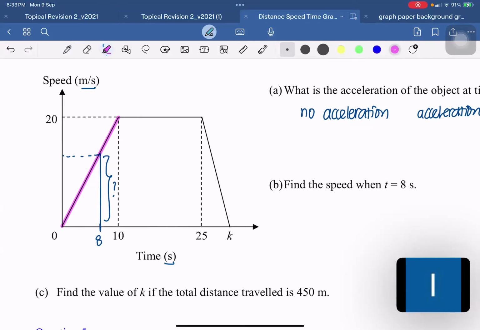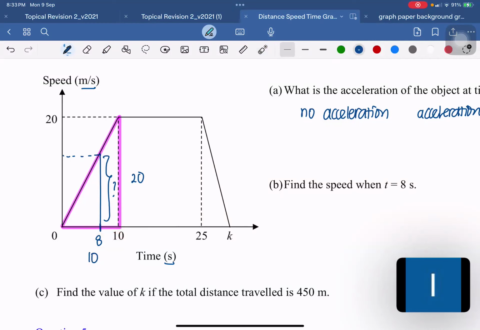I can see that there's another triangle over here. Do you see this triangle? What is the height of this portion of the triangle? 20. Then what is the base here? 10.